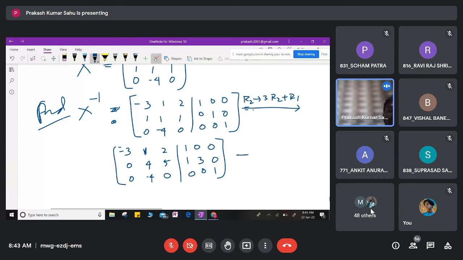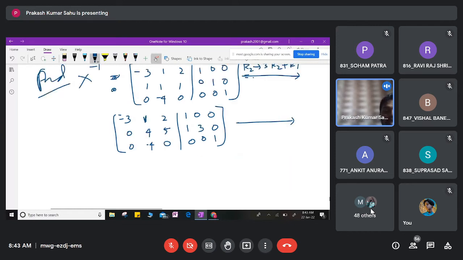Okay, then again you keep second row unchanged, and the row 1 is replaced by 4 row 1 minus row 2, and row 3 is replaced, this is row 3 plus row 2.